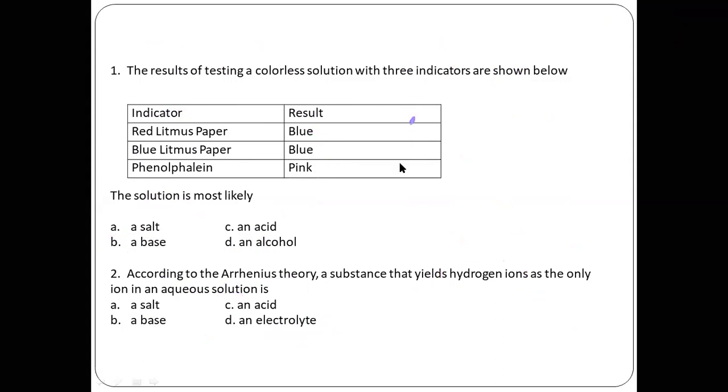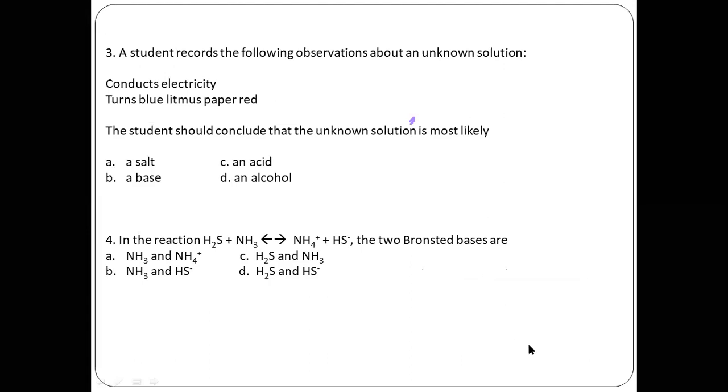Number 3, conducts electricity means you have an acid or a base. Blue litmus paper turning red means you have an acid.